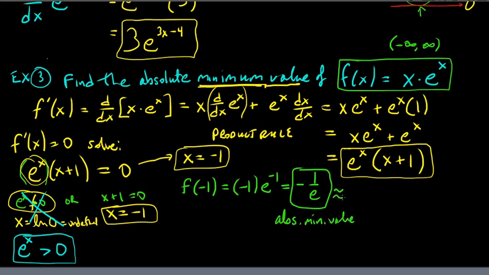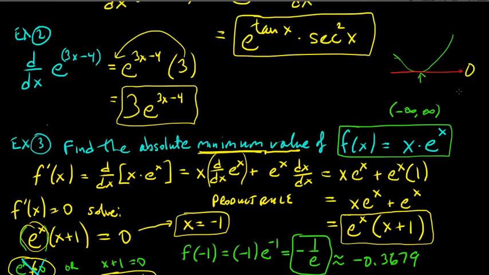It's approximately -0.3679, right? So it's about negative 1/3, but it's actually a little bit less than that. But that's the absolute minimum value, and it occurs at x equals -1.